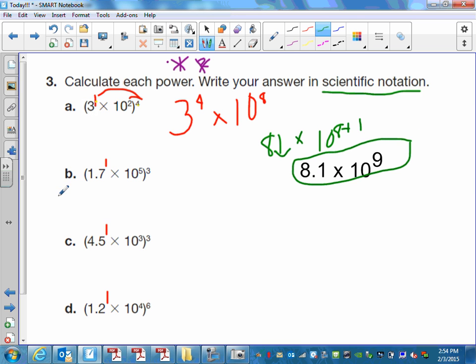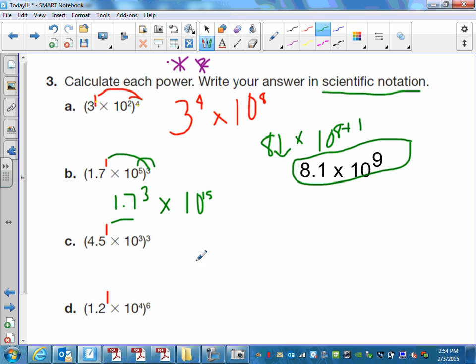Okay, if we do this, power to a power, 3 times 1 is 3, 1.7 to the 3rd, times 5 times 3, 15. Okay, the reason this is not in scientific notation is because the mantissa has an exponent.